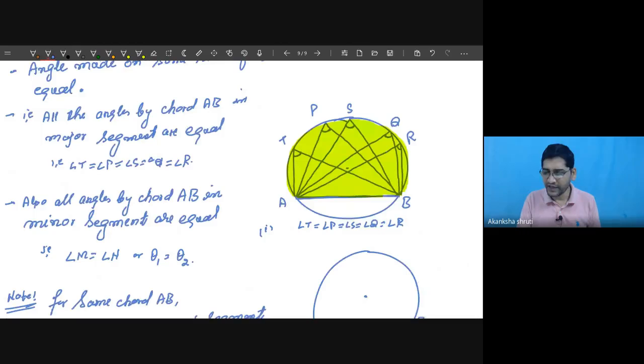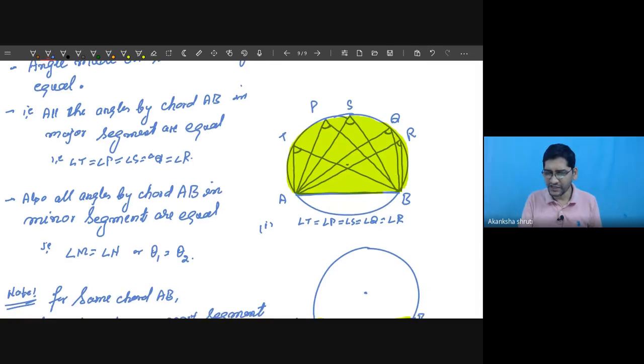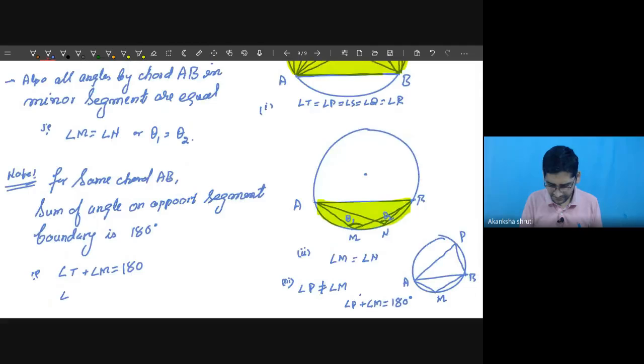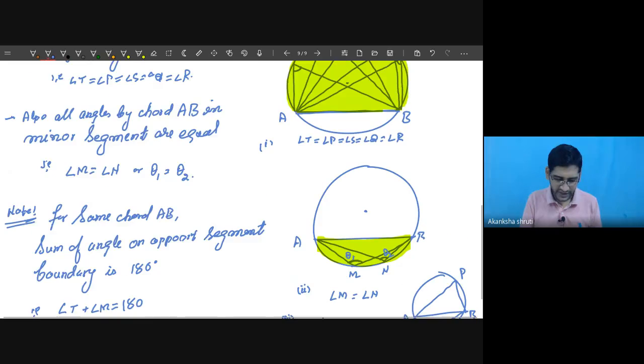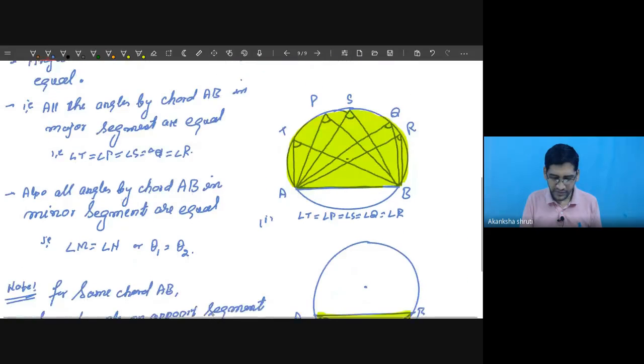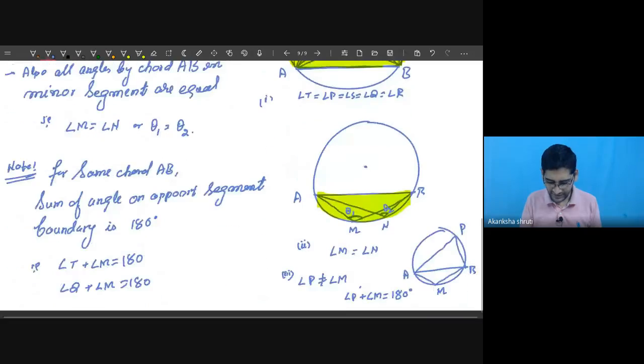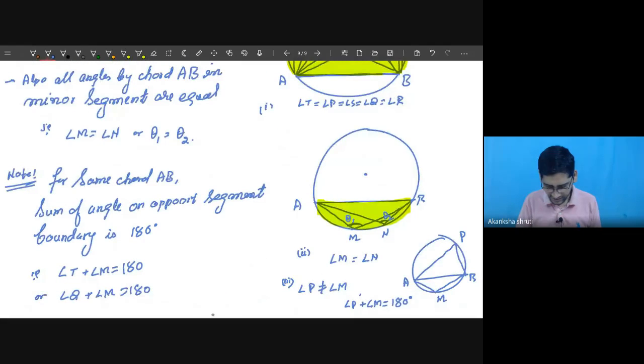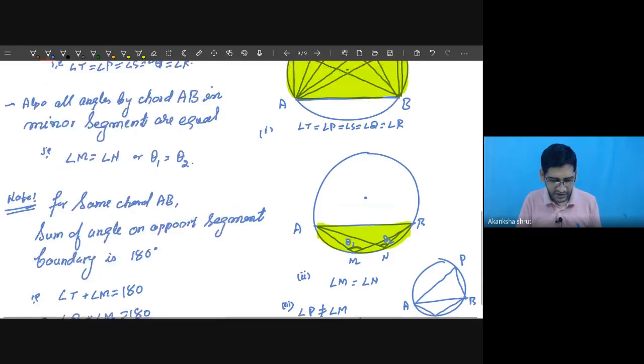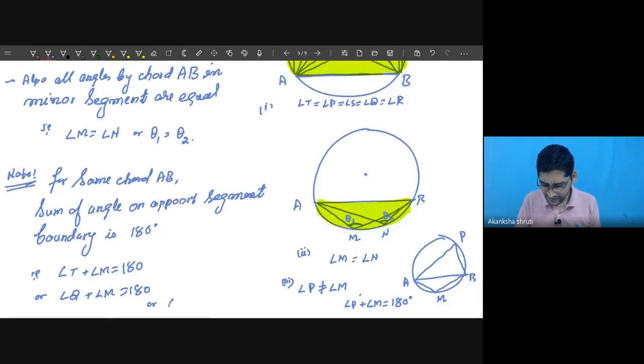One from the major segment angle at the boundary, you may take Q, and the other you may take as M, also 180 degrees, because all these T, Q, P, S, R are equal and M and N are equal. Or you may choose the other pair, angle P plus angle M, or angle N can also be taken.